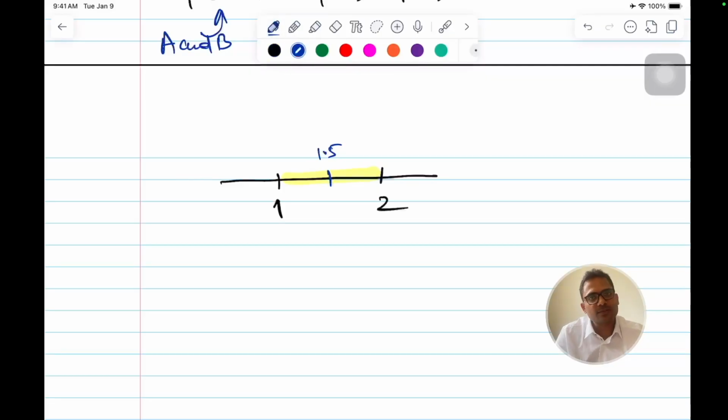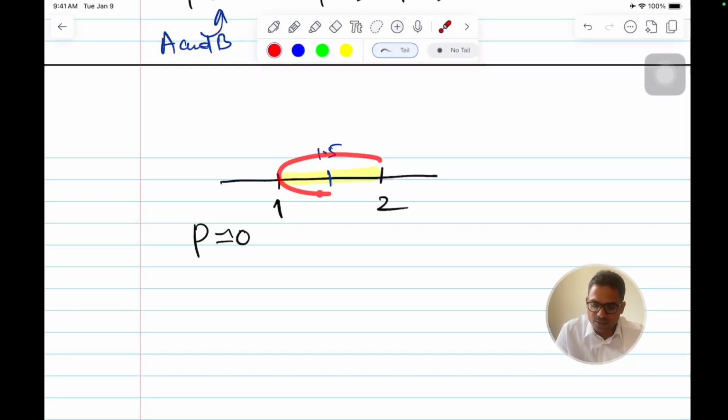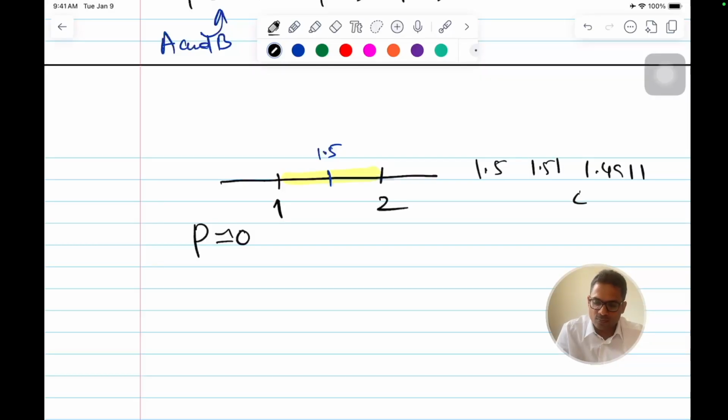The probability will be almost equal to 0, because there are infinitely many points here. There can be 1.5, 1.51, 1.4911, 1.4999999999, 1.51111111, like that. There is no limit to this.